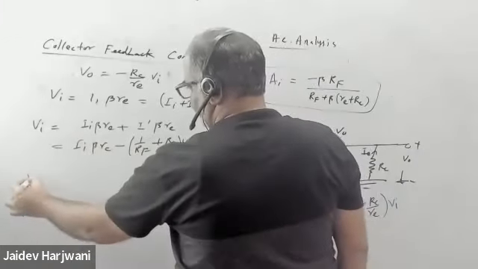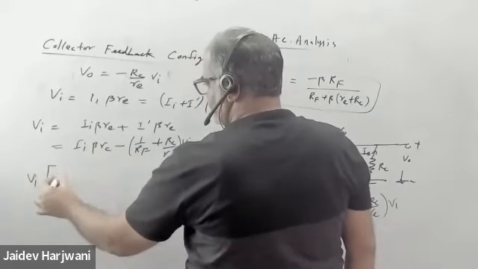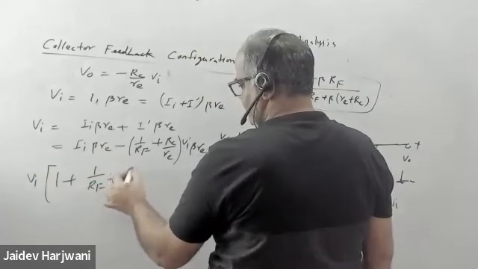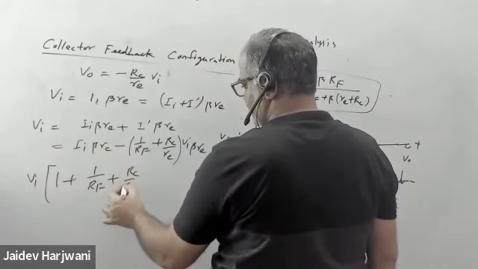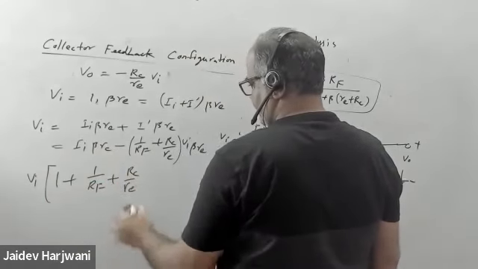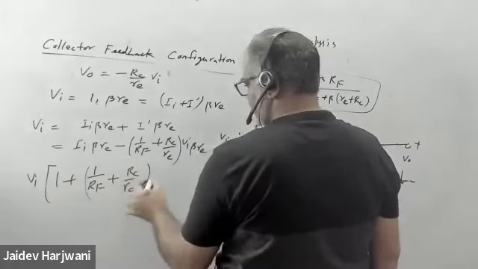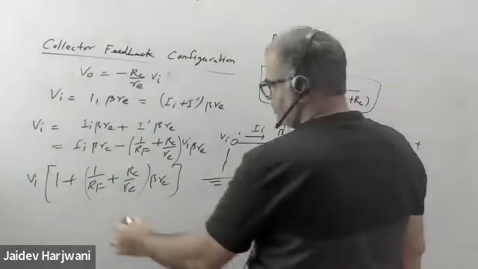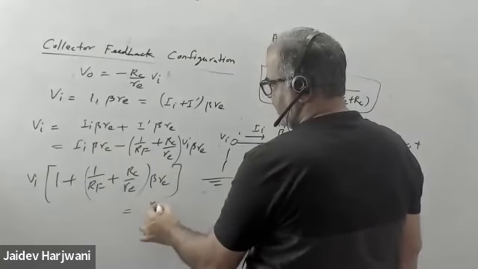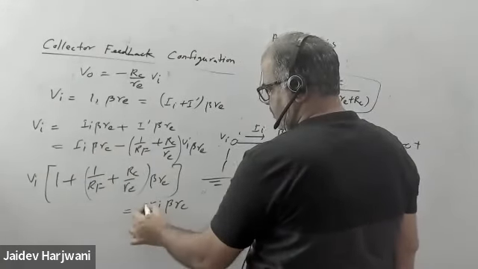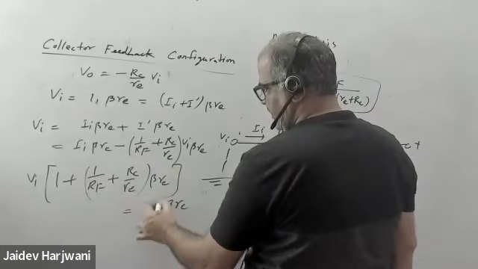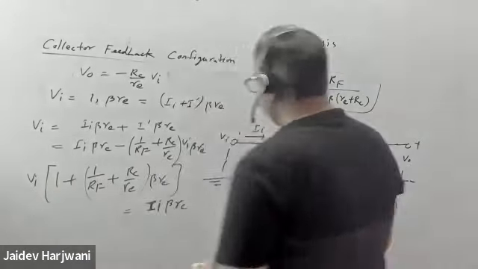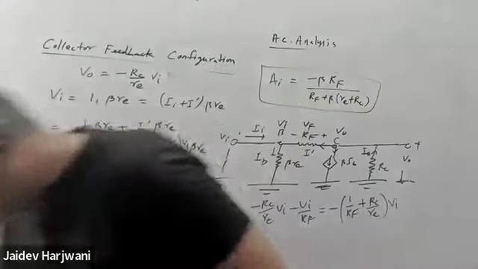V input will be 1, and this will be simply 1 upon RF plus RC upon RE, and multiplication beta RE, equals I input beta RE. Now you can calculate V by I. So this will give you the Z value.